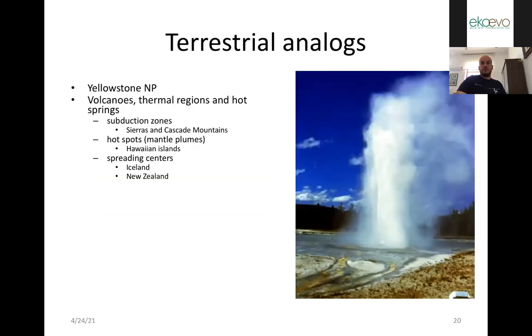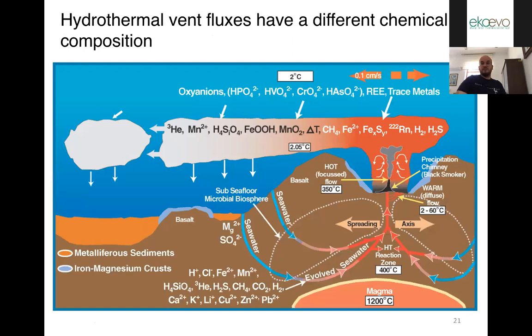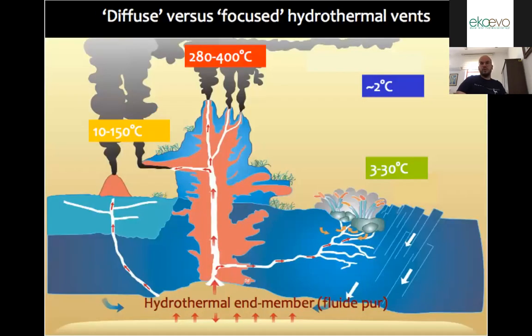Black smokers, yes, maybe this is showing you the general chemistry of the vents. It's important to differentiate. We have the spectacular high temperature black smokers, but along the sides, through the cracks, there are warmer, cooler, but still warm fluids.